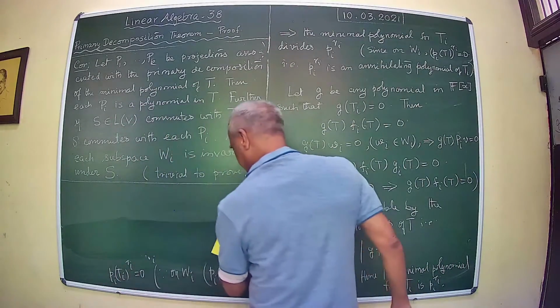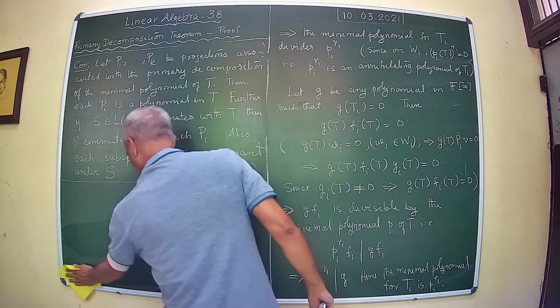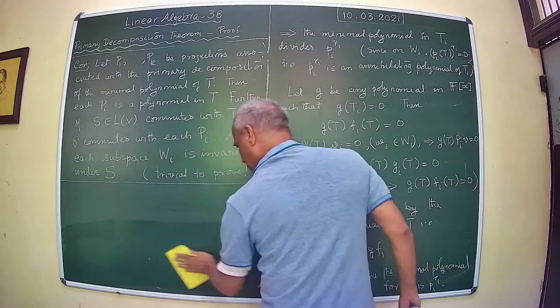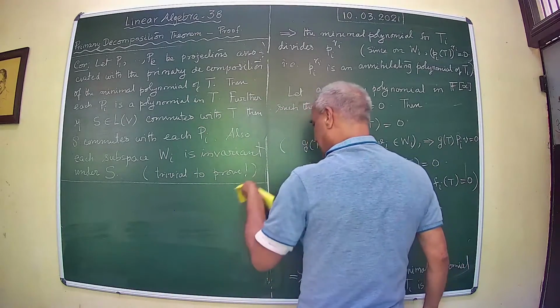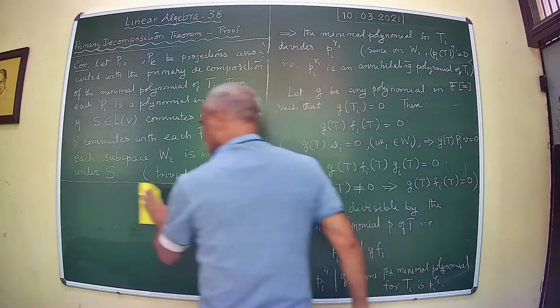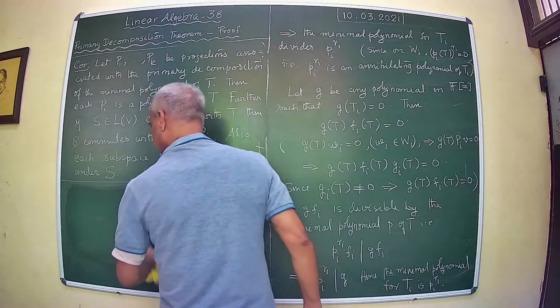Now what we do is we return back to the situation where the minimal polynomial is the product of linear factors.